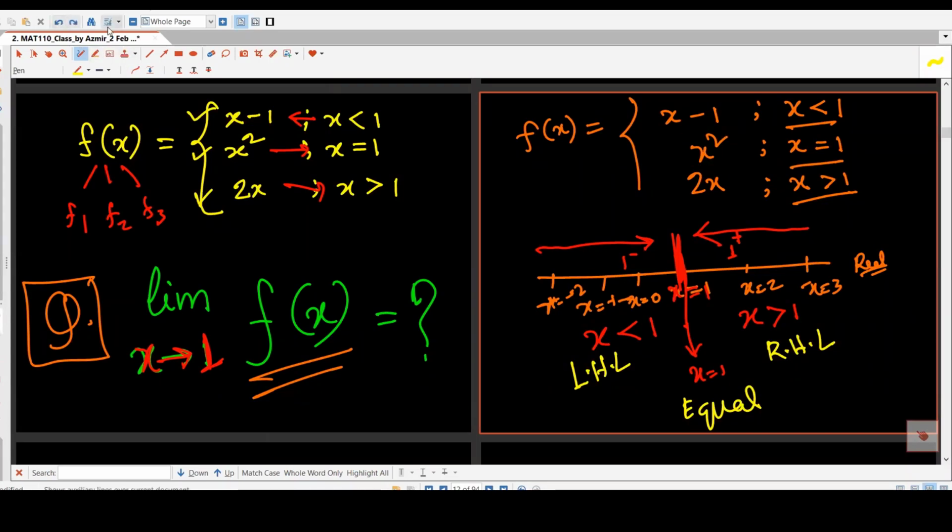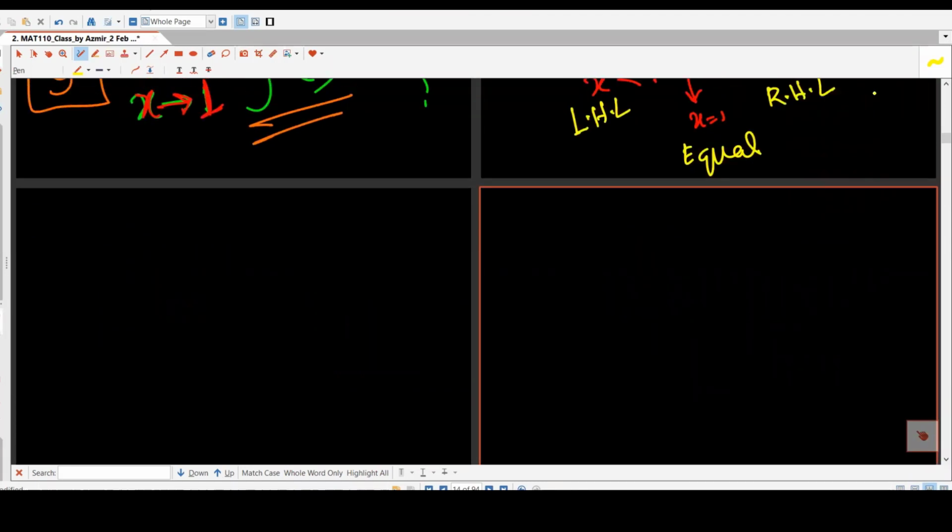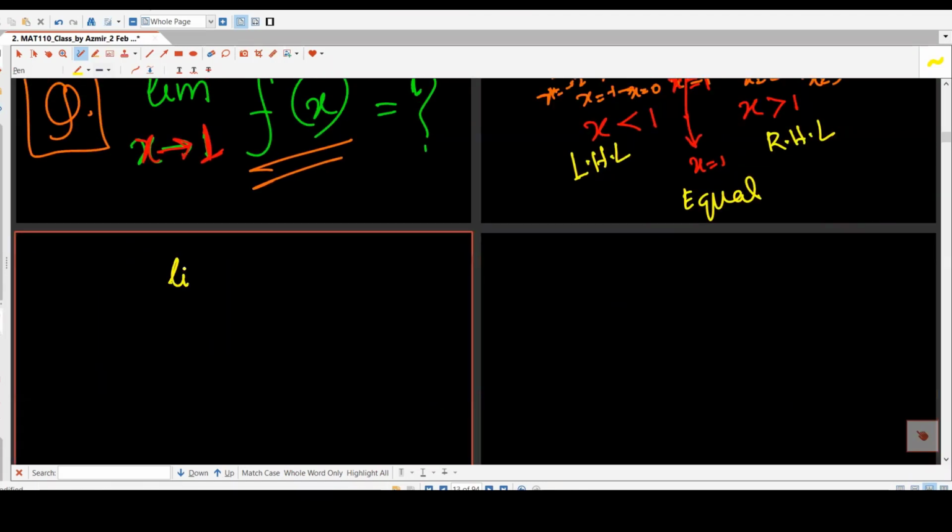So since we have x less than 1, let's say this is the leftward function. We have x greater than 1. This will be the rightward function. I am writing R, the short form of rightward function. x equals 1, let's say this is the equal part. Okay. Now we know that we have to evaluate the limit of this main function f of x when x is approaching 1.